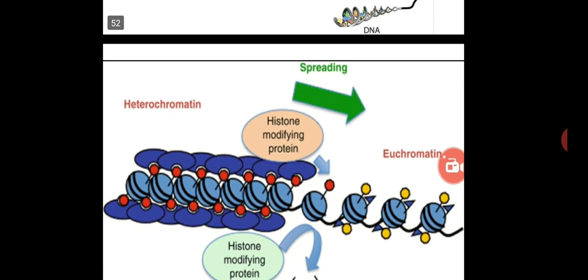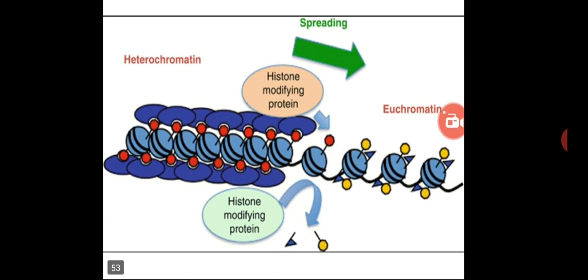In the heterochromatin region, they are highly condensed regions, as I already told you, because the nucleosomes are very tightly packed to each other.